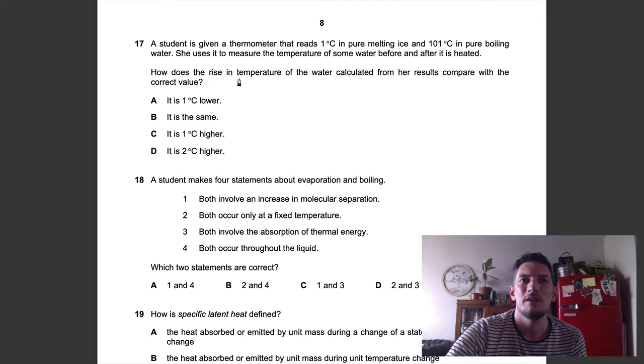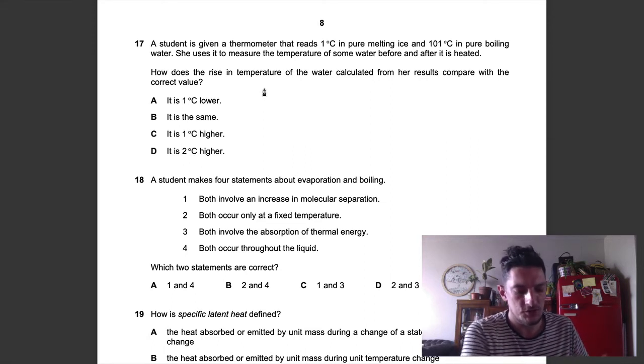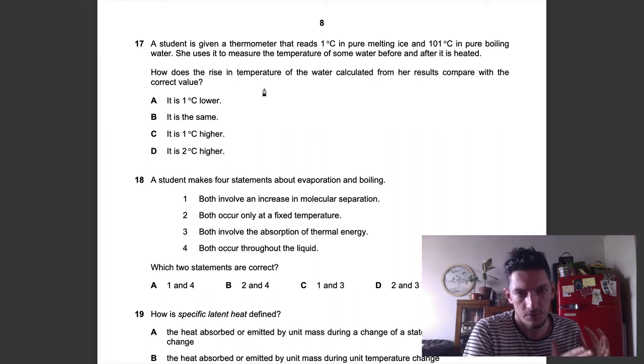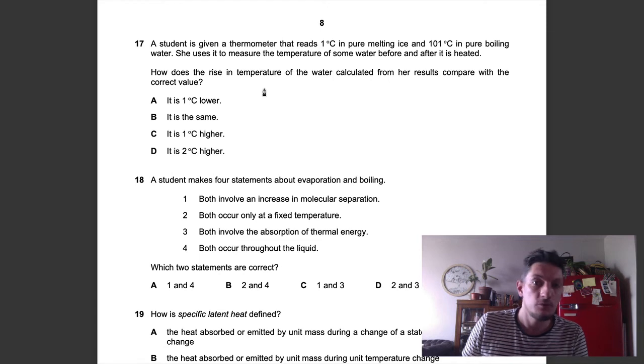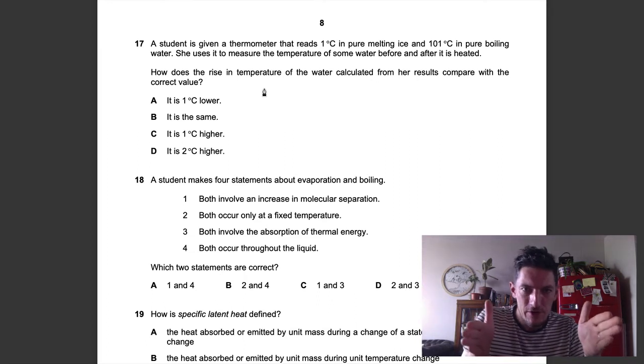How does the rise in temperature of the water calculated from the result compare with the correct value? Okay, this is interesting because when we calibrate a thermometer, we set it to 0 on the melting point of ice, and we set it to 100 at the boiling point of water. Whereas her thermometer clearly has an error.